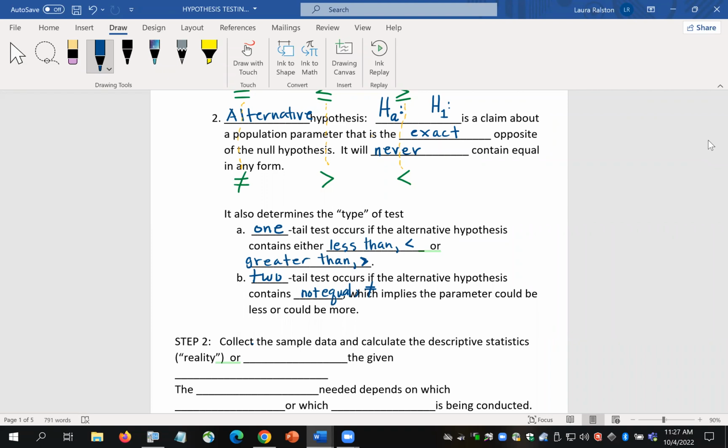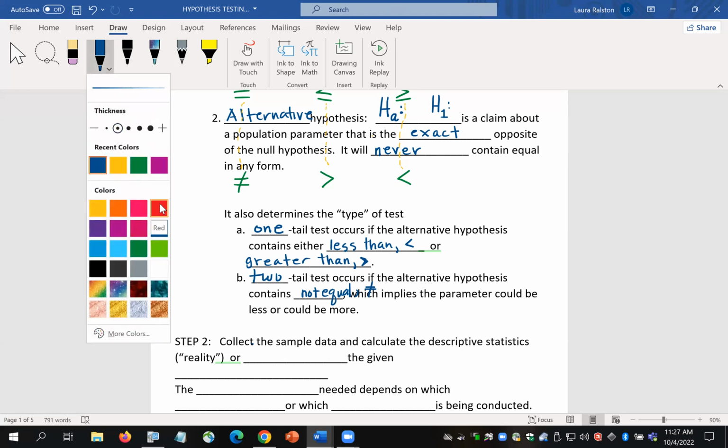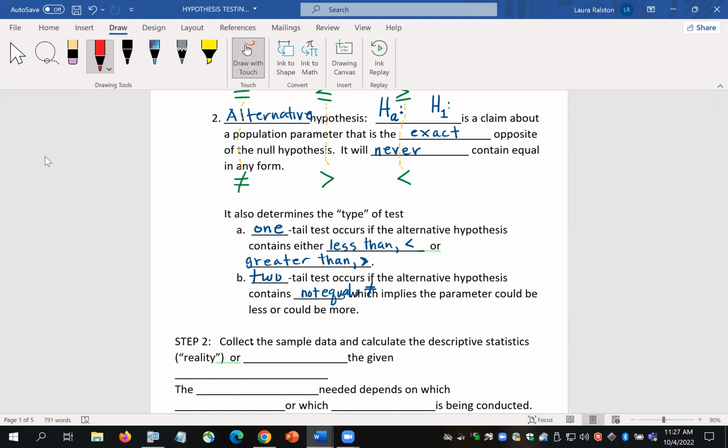Again, the idea of a tail is we are relating this back to some type of distribution. Again, the most common one is the normal distribution.